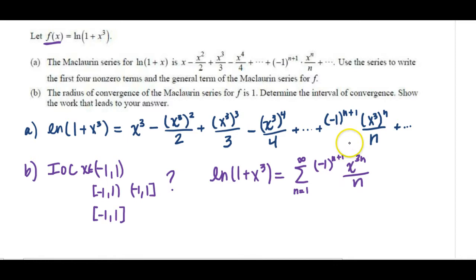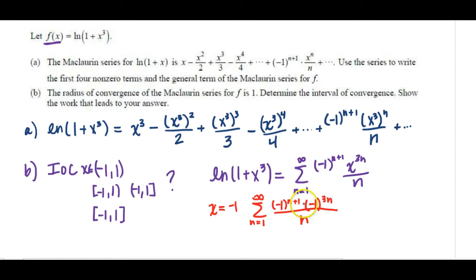So what I need to check is what happens specifically to the series when I replace the x value with +1 and -1. So let's go ahead and see what happens when I try x equals -1. So my series is going to become the sum from n equals 1 to infinity of (-1)^(n+1), and now I'm going to have (-1)^(3n) all over n.